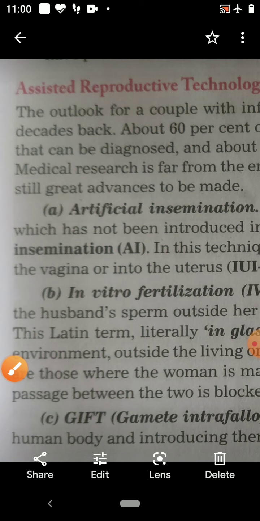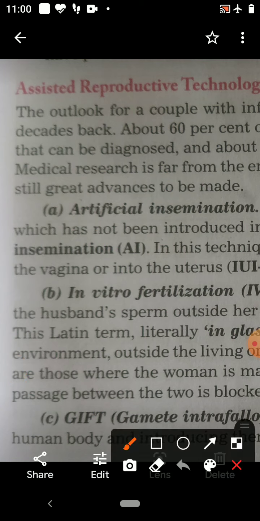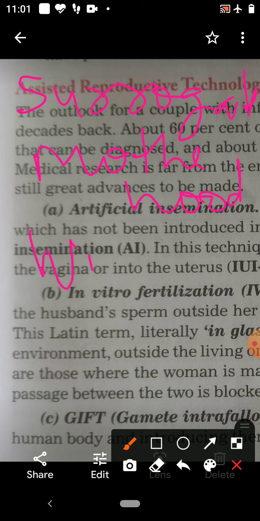After that there are some more, that is surrogate motherhood. Next is womb leasing.